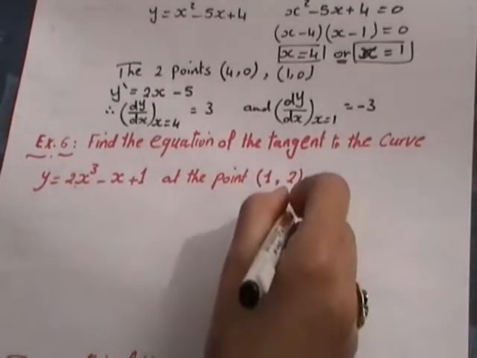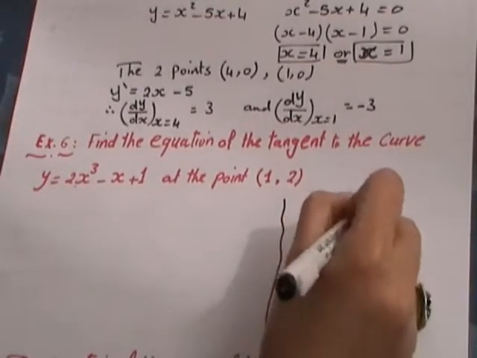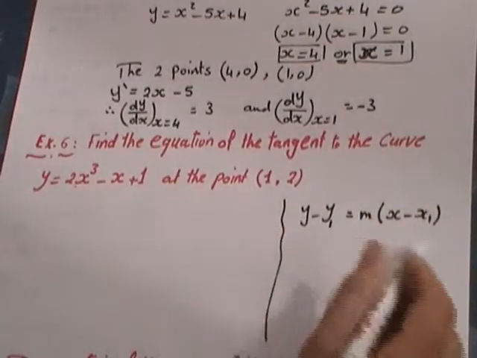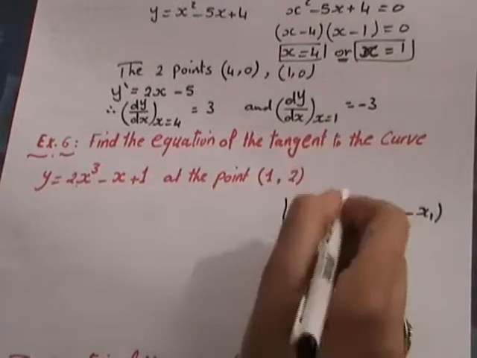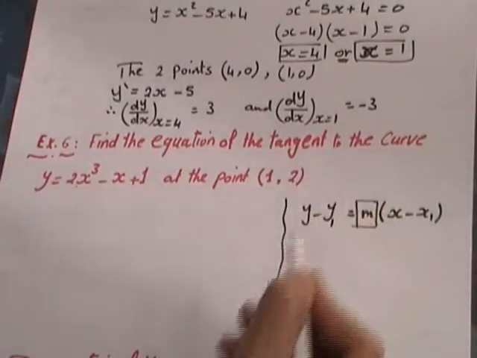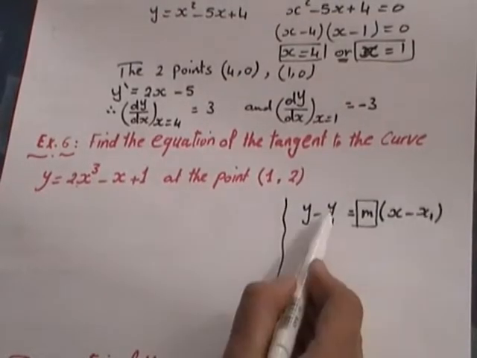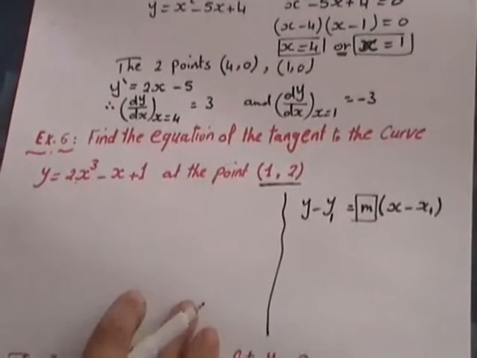The general form of the equation is y minus y1 equals m times x minus x1. So we can find the slope of this straight line and the point x1, y1, which is given in the problem. So we must find the slope first.